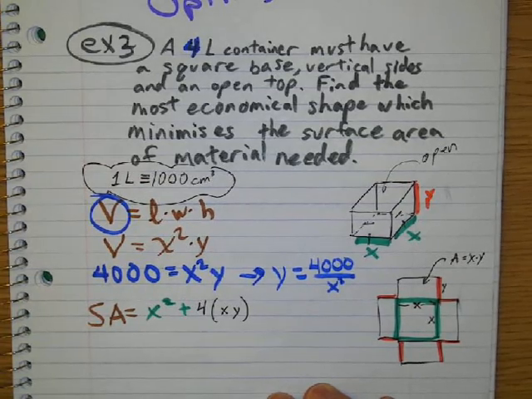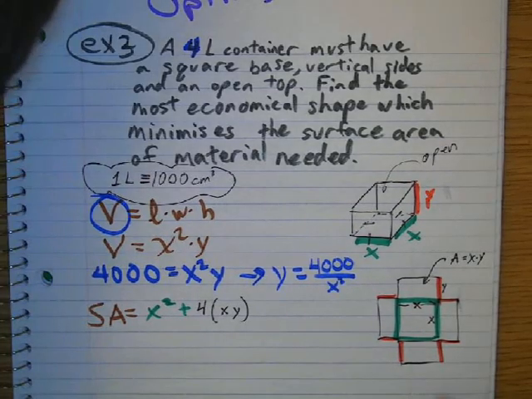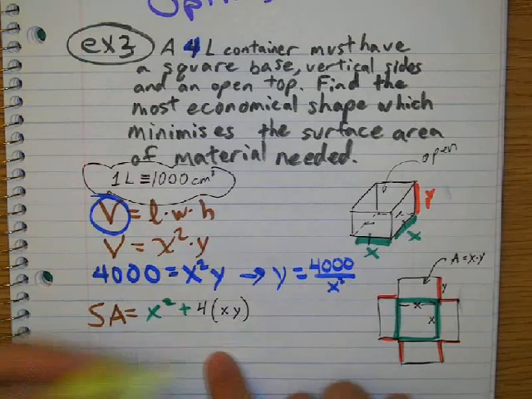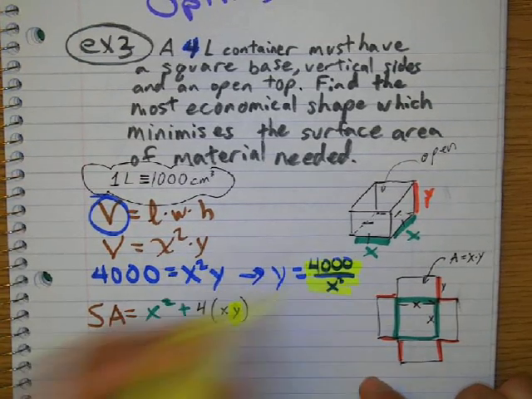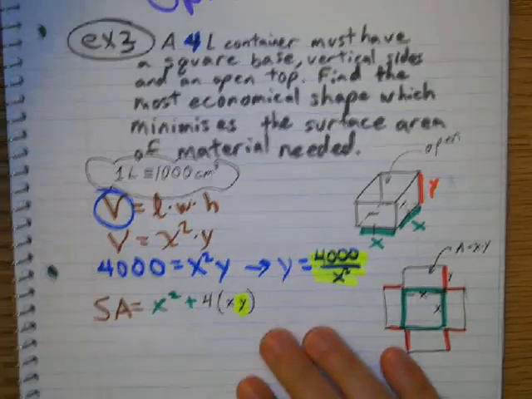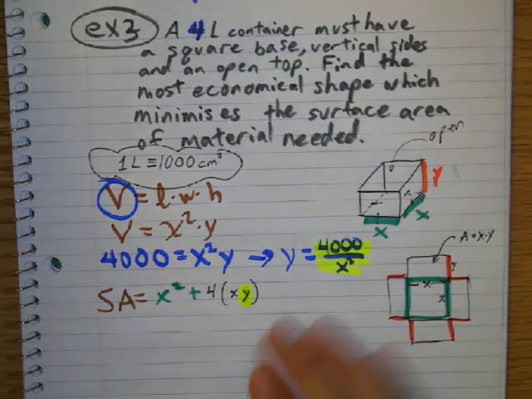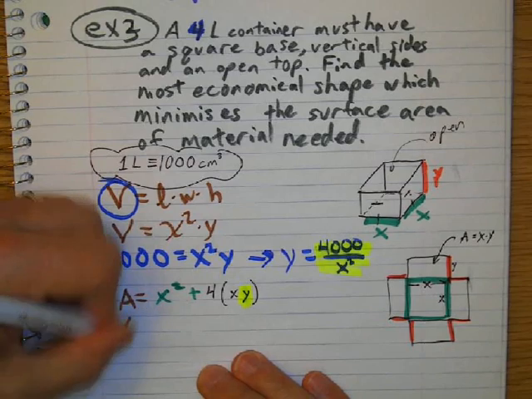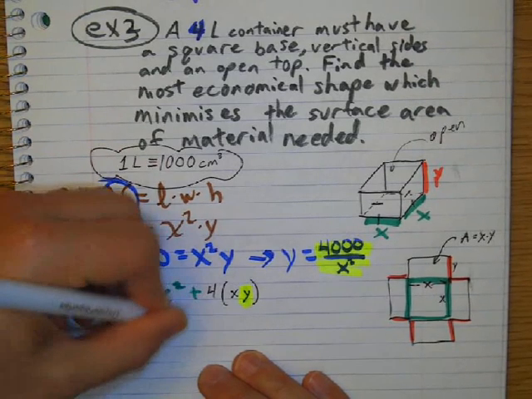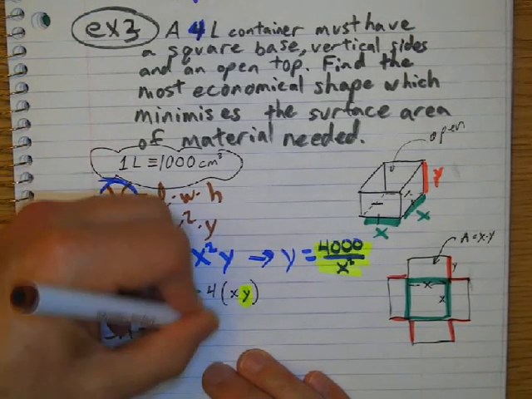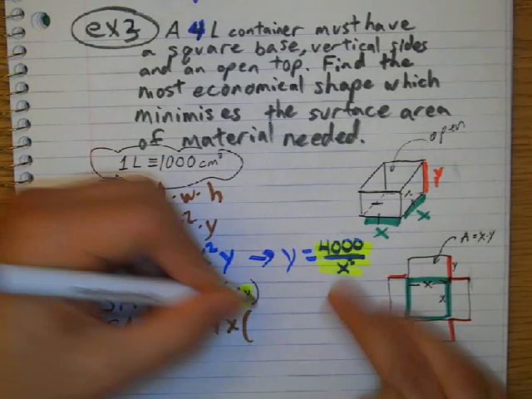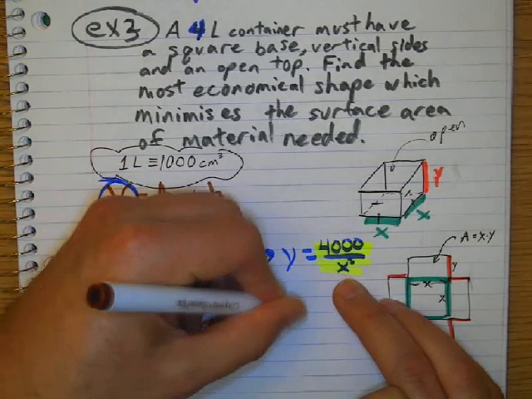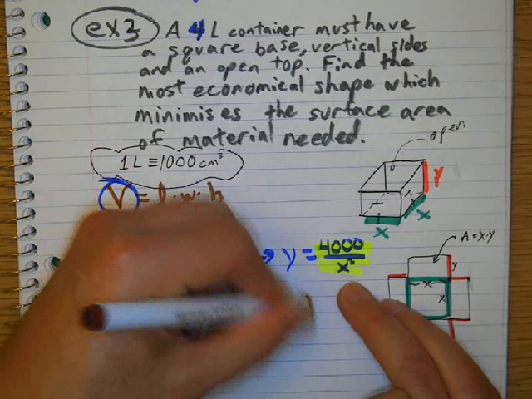Okay. Now, what I want is this all in one variable. I'm going to replace y with 4,000 over x squared. So now my equation becomes SA equals x squared plus 4 times x times 4,000 over x squared.